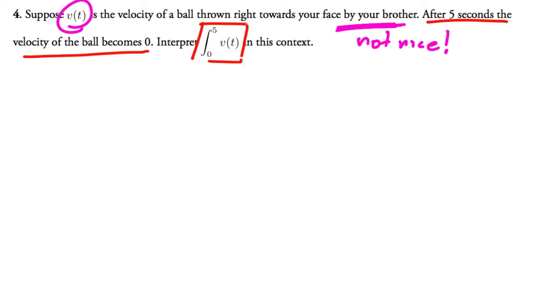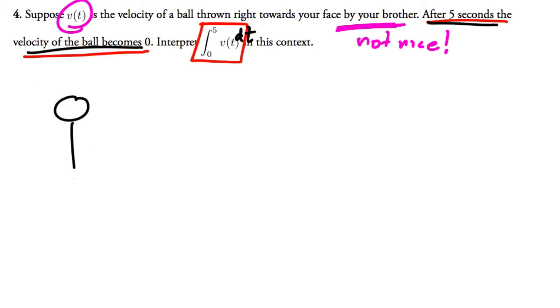Interpret the integral from 0 to 5 of V of t dt in this context. This one's also missing the dt, sorry about that. What it's saying is that your brother threw a ball at your face, and after 5 seconds, the velocity of the ball becomes 0.